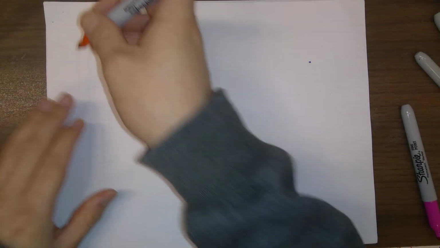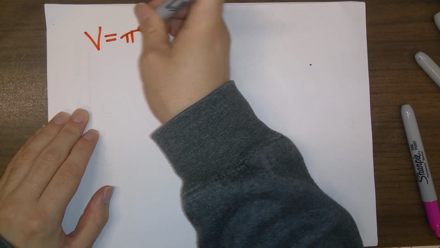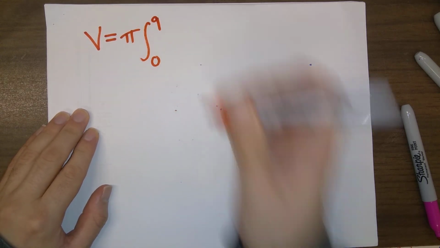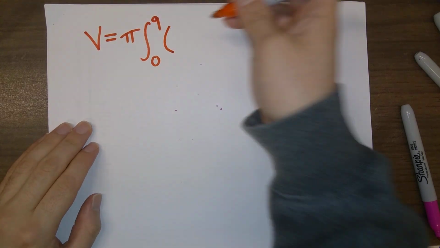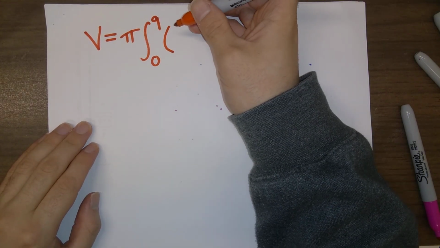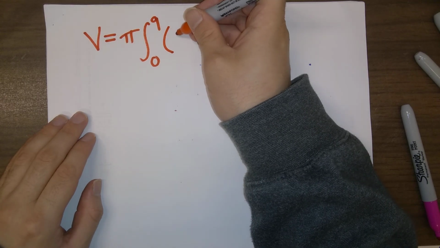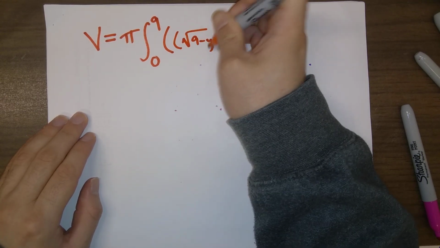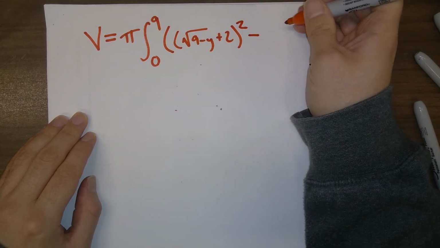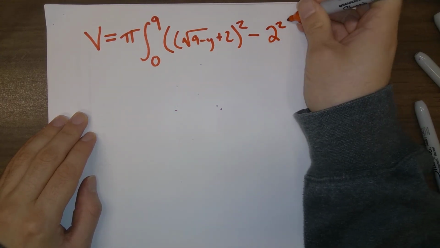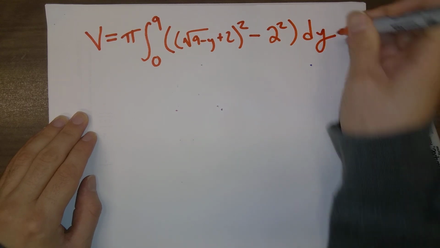So our volume is pi times the integral from 0 to 9 of the outer radius, square root of 9 minus y plus 2, all of that squared, minus the inner radius squared, dy.